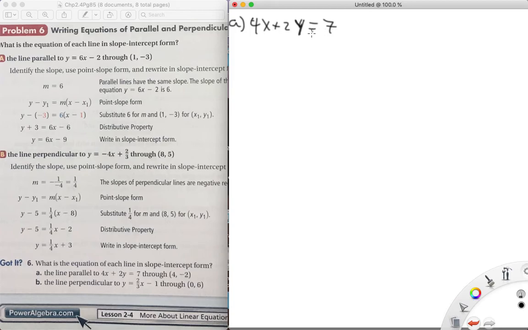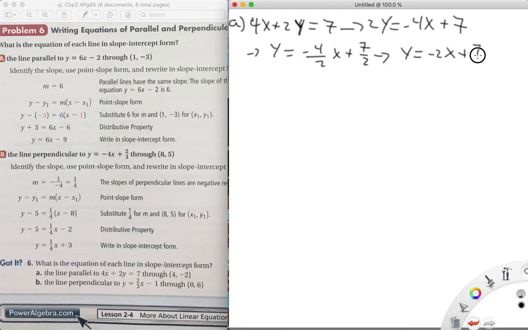So the first thing we're going to do is I'm going to subtract 4x from both sides, which gives me 2y equals negative 4x plus 7. Next thing I'm going to do is divide everything by 2, and I get that y equals negative 4 over 2x plus 7 halves, and then y equals negative 2x plus 7 halves.